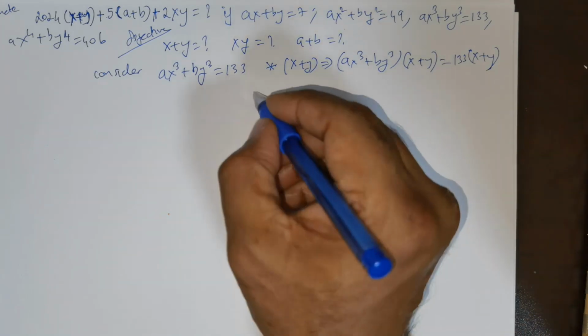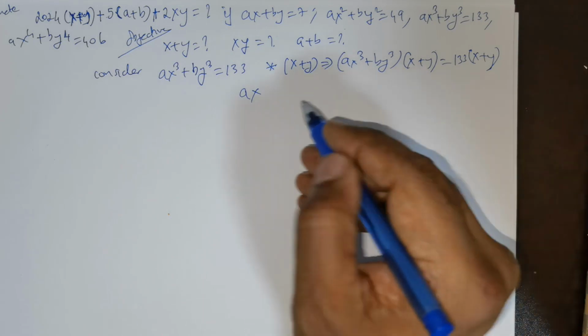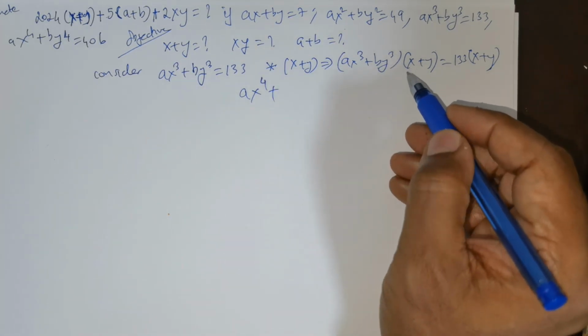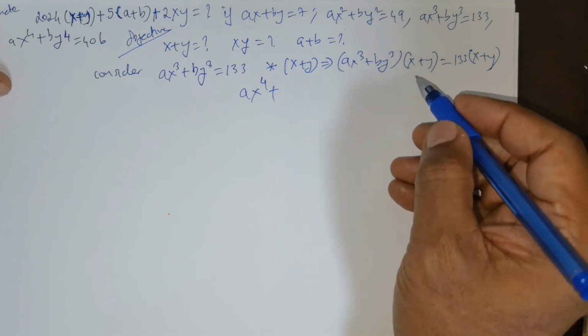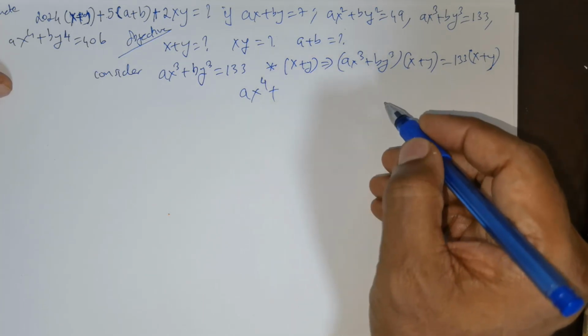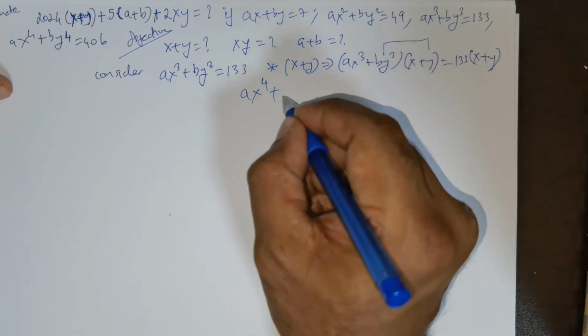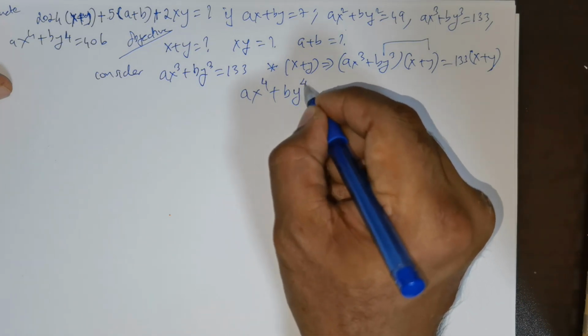Now distribute the quantities. ax³ times x will give me ax⁴. by³ times y will give me by⁴.